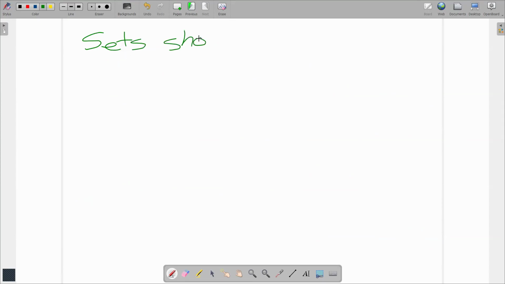Sets should be well defined. What that means is I can tell you what is in the set and what's not in the set.